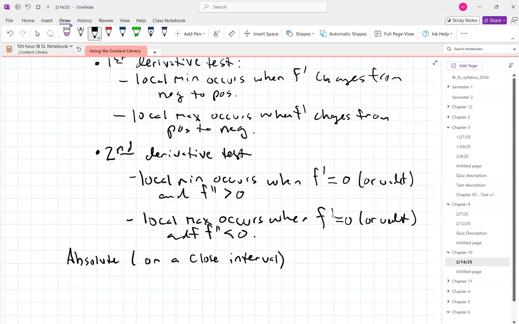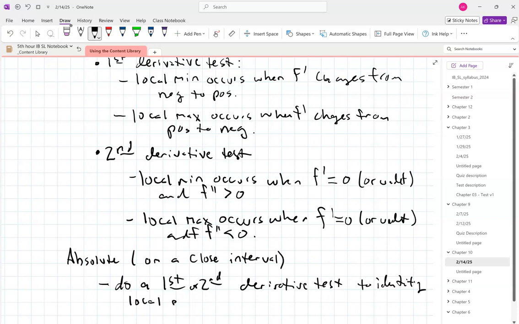So next, the other type of extrema you might be asked to find are absolute extrema. You'll only be asked to do that on a closed interval though. So to do that, we do a first or second, doesn't matter, derivative test to identify local extrema.